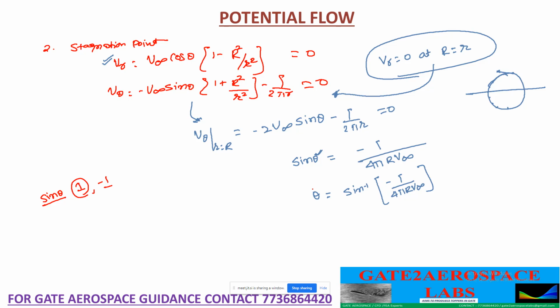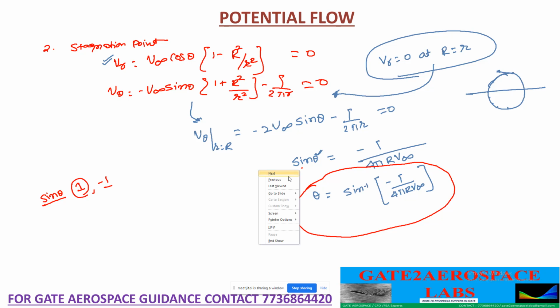For this expression to be logical, if you want sine theta to be 1, that means your tau should be equal to 4 pi r V infinity. In that case only will you have sine theta as 1. Otherwise, for the expression to be logical, you should have tau less than 4 pi r V infinity. Is that correct?